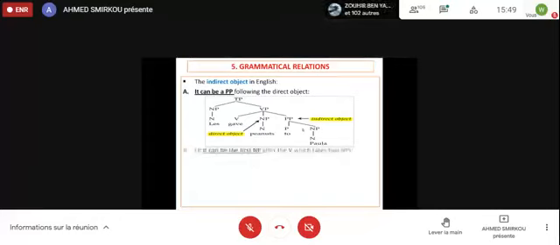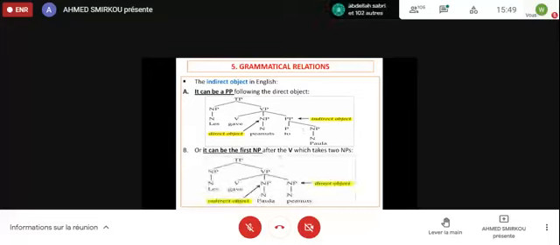Or it can be the first NP after the verb, which takes two NPs. So look at the position of the preposition phrase as indirect object: gave peanuts to Paula, and gave Paula peanuts instead of to Paula.